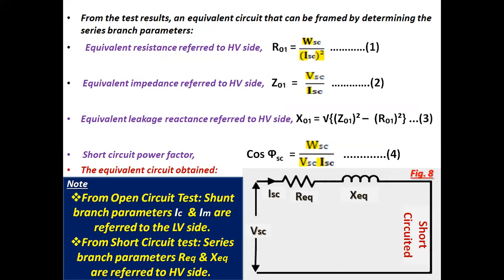Short circuit power factor cos phi SC equals WSC divided by VSC ISC. Then the equivalent circuit is obtained in figure 8, that is ISC, R equivalent, X equivalent.